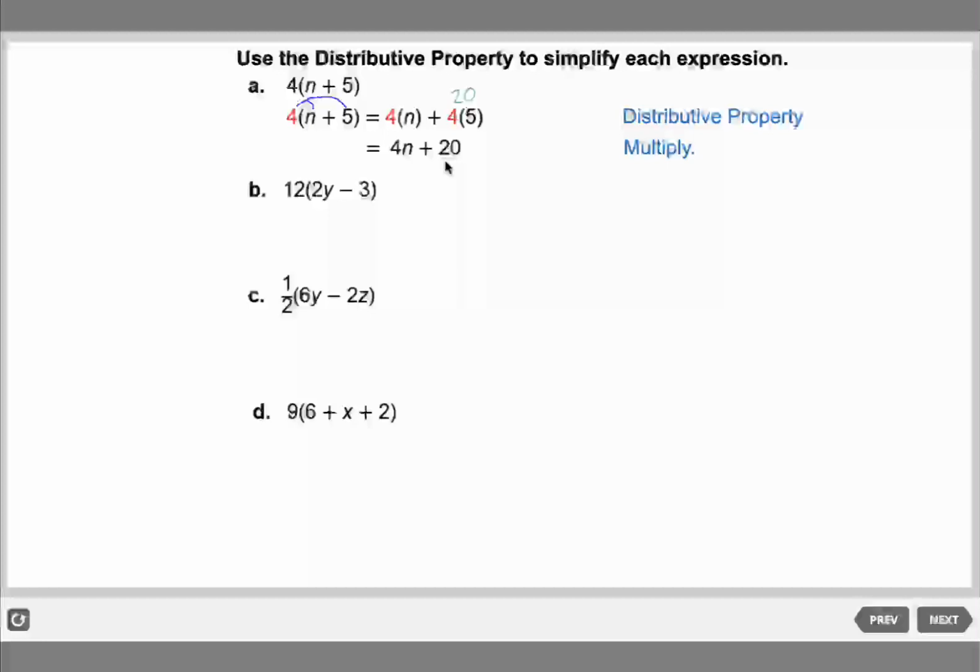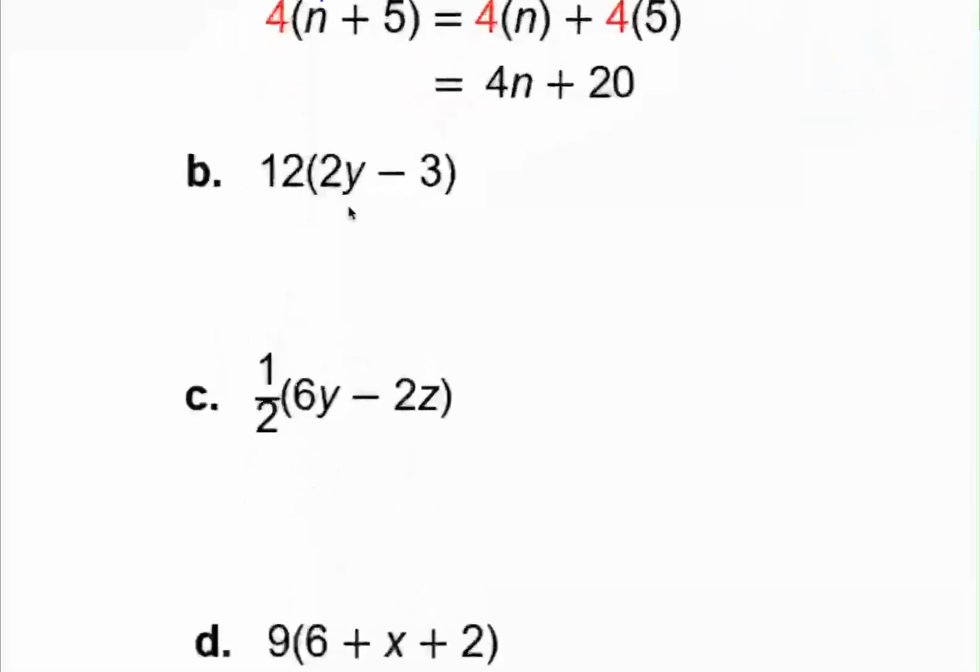Hamad, go ahead. We have 12 multiplied by 2y minus 3. First, we multiply 12 and 3.